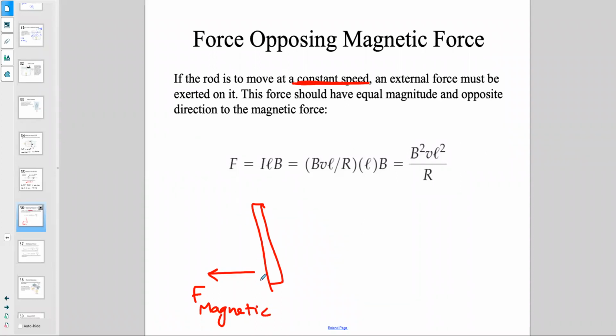There is a constant magnetic force because there is a current inside this wire. So there has to be an external force in the opposite direction, F external.